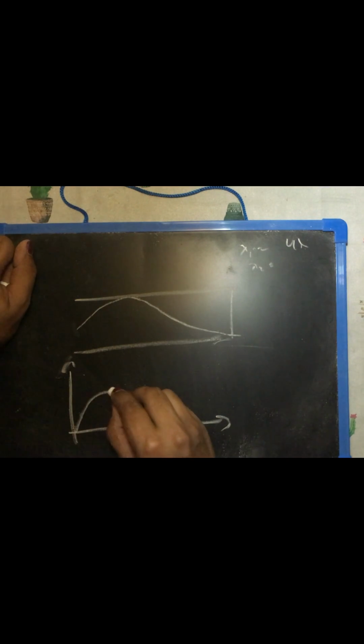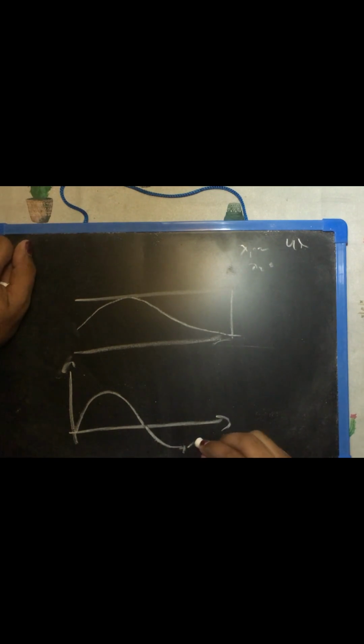It looks like this, up to this part, right? So this part is missing. And what is it like? This is 270.